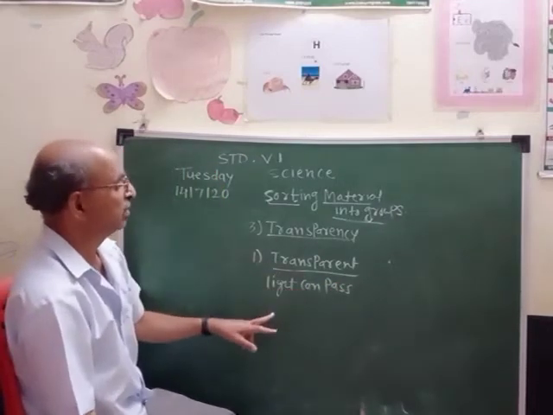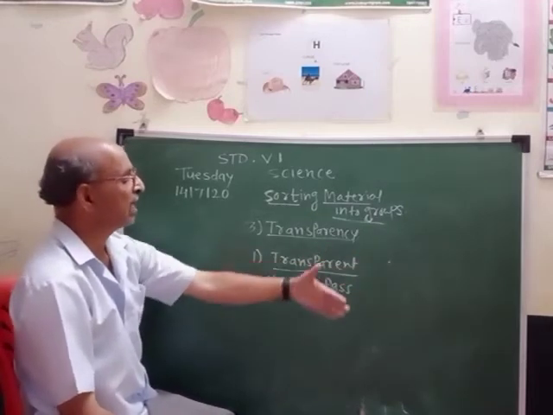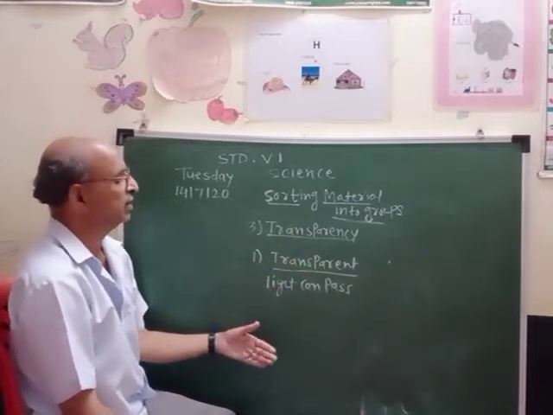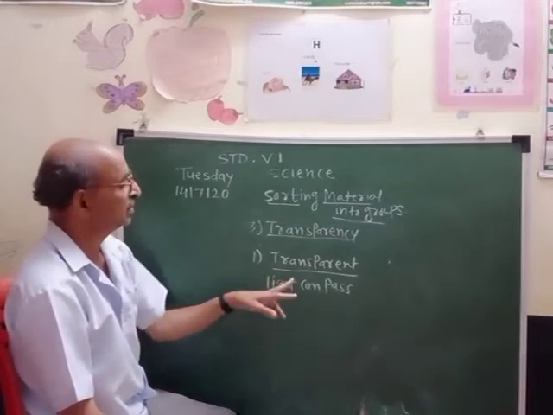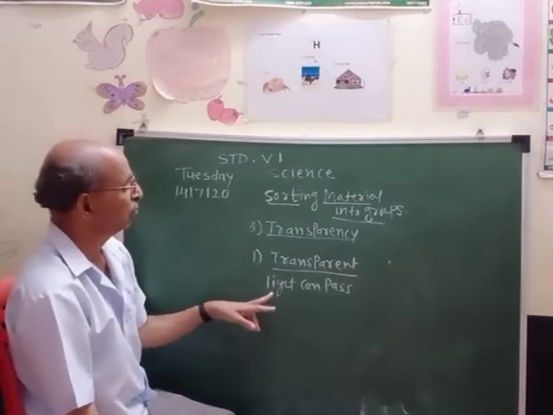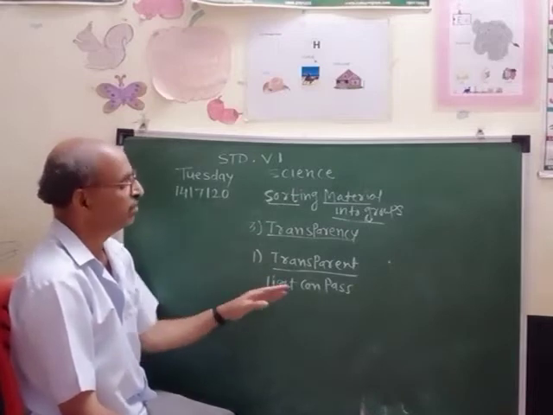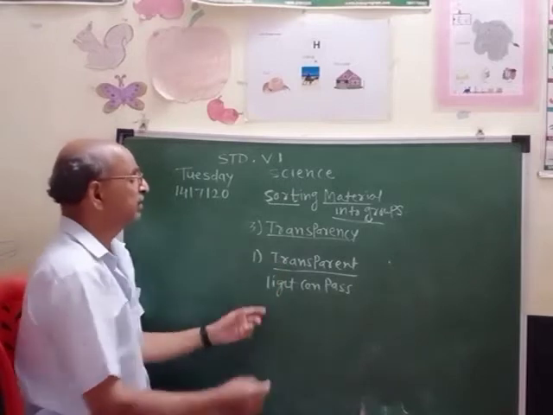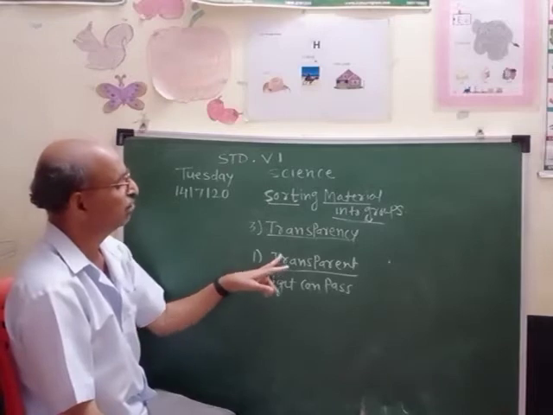In short, if we are sitting here and there is glass, like office glass, and we are sitting inside or outside, we can see the outside or inside, because glass is transparent, meaning we can see from one side to the other. That type of material or object is called transparent. The light can pass through it and we can see the other side of that material. So plain glass is an example of transparent.